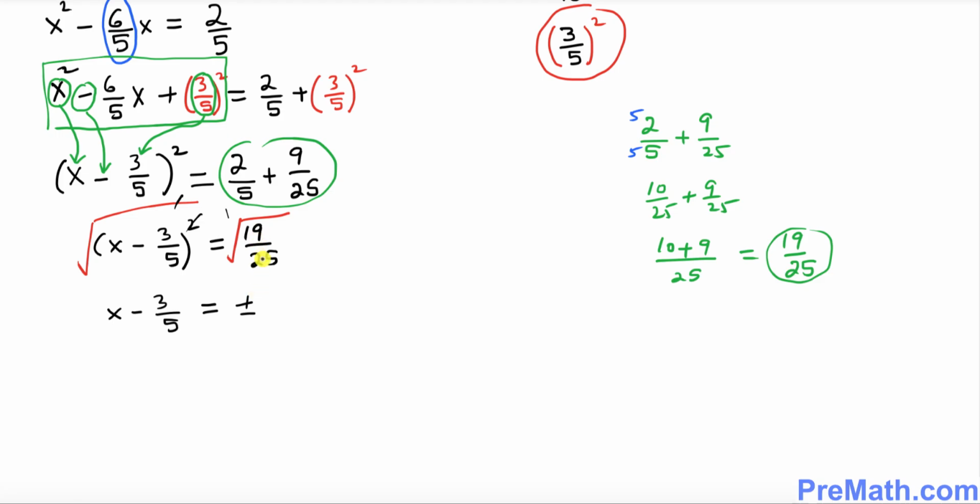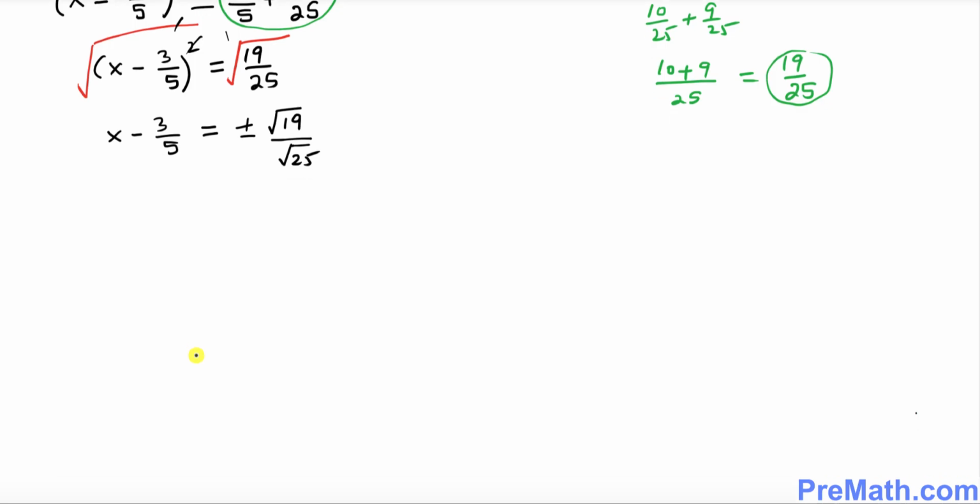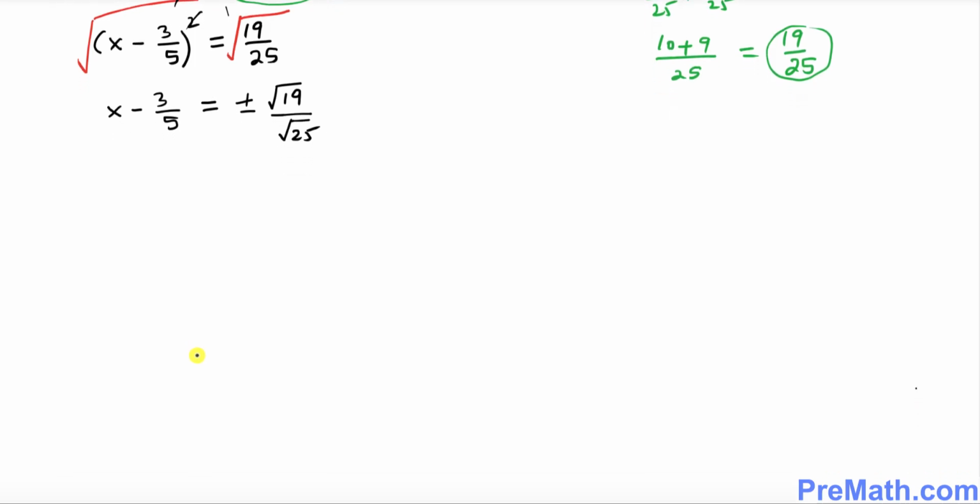I can break down this radical as square root of 19 over square root of 25. And then the next thing, you can see over here, x minus 3/5 equals positive or negative square root of 19 over 5.